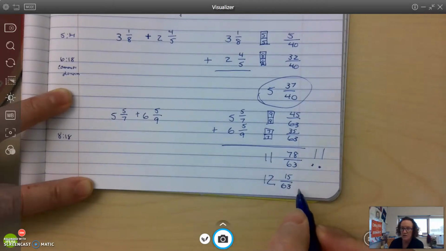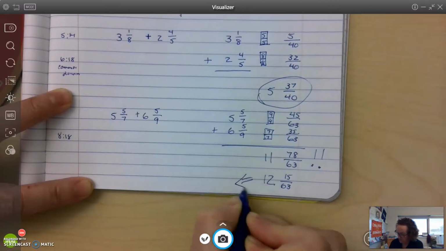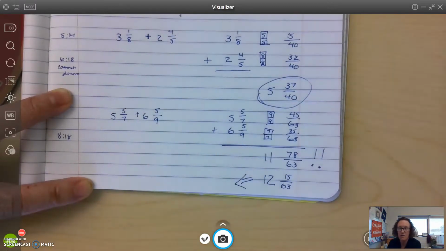And I always want to double check to make sure if I can reduce. So I'm looking at 15 and 63, and I'm wondering if I can reduce them both by a factor of 3. So yes, I can.